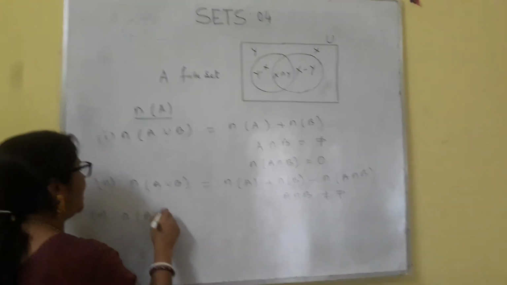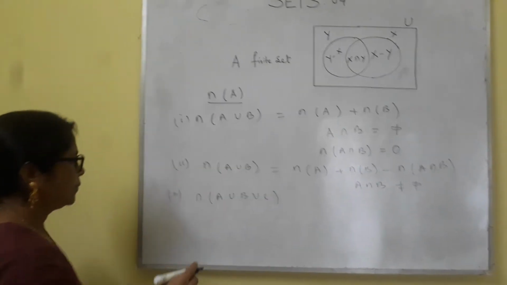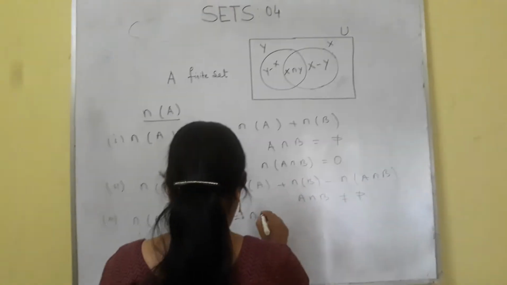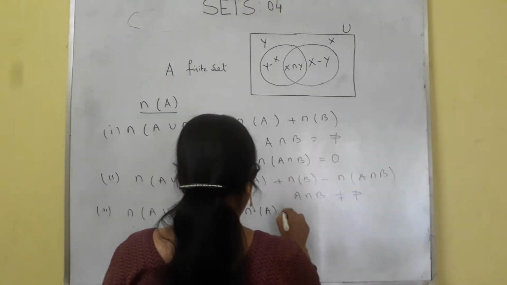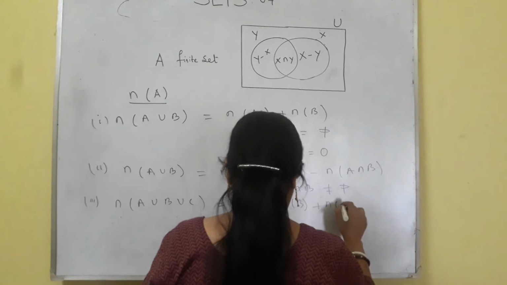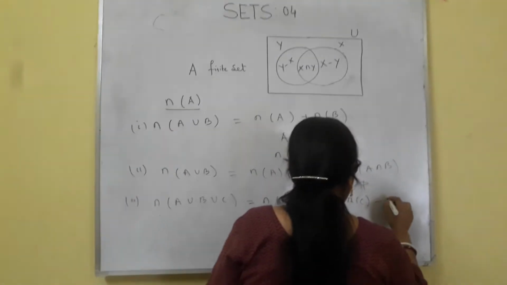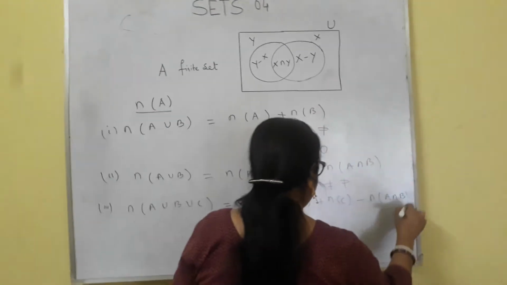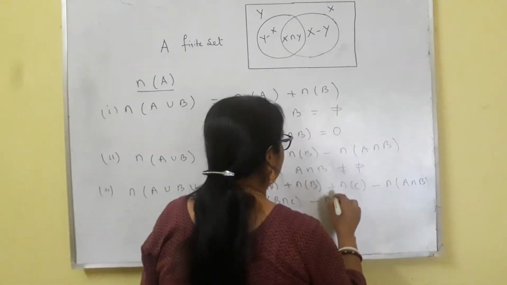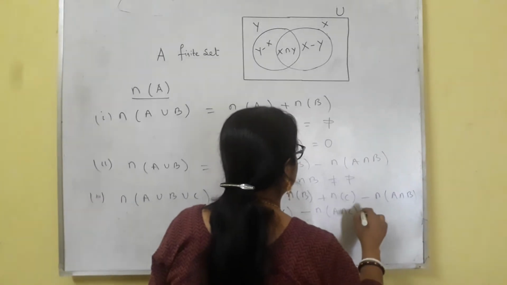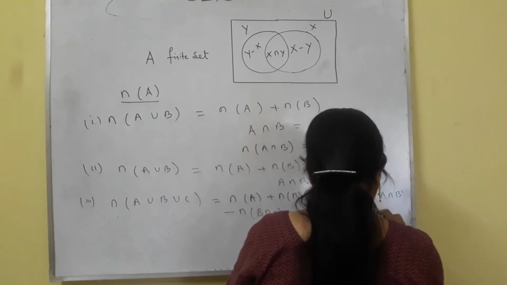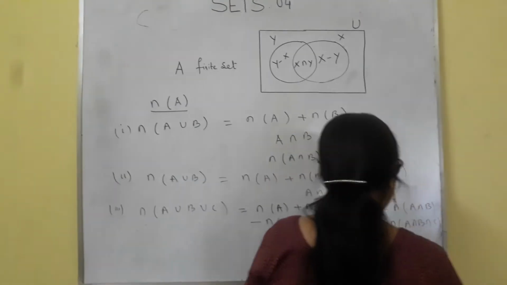then n(A union B union C) equals n(A) plus n(B) plus n(C) minus n(A intersection B) minus n(B intersection C) minus n(A intersection C) plus n(A intersection B intersection C).